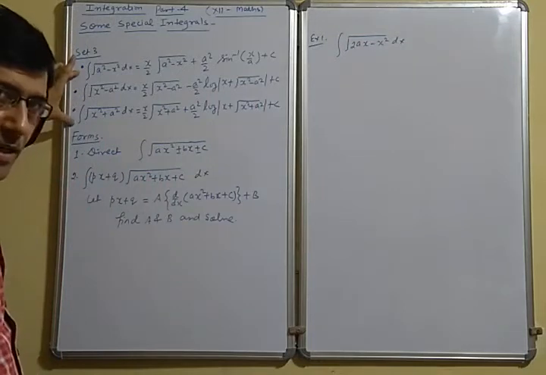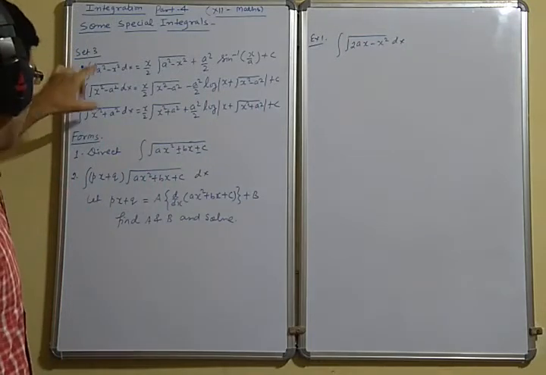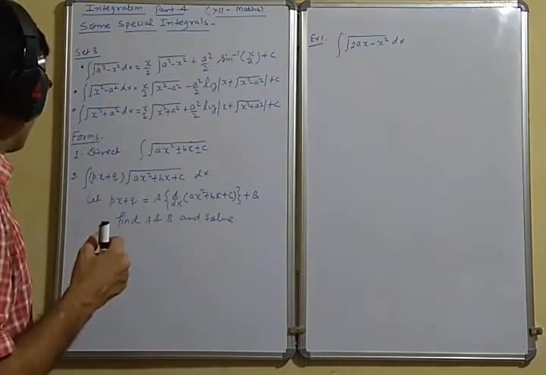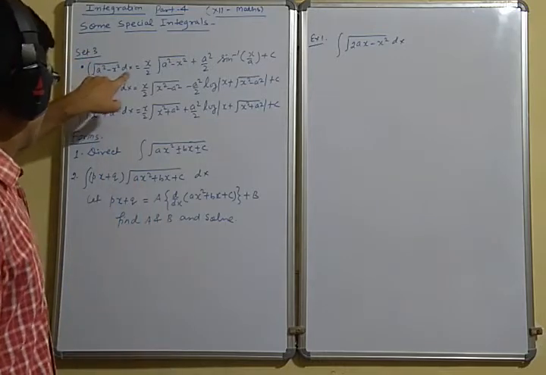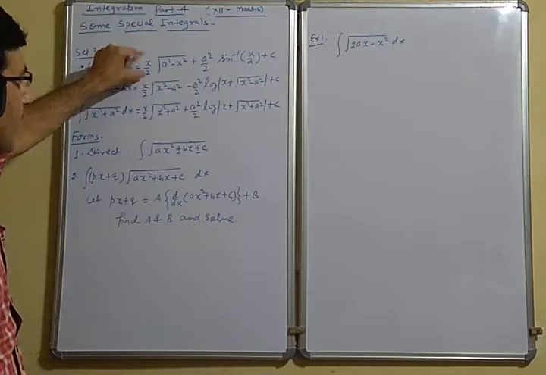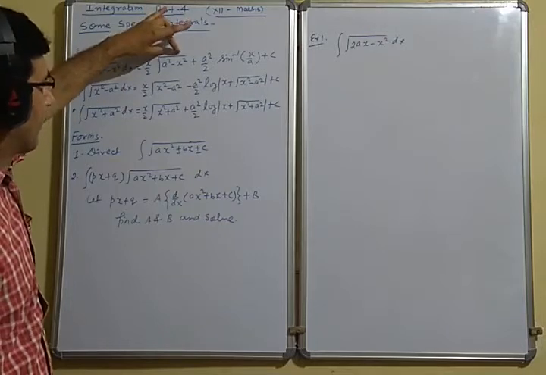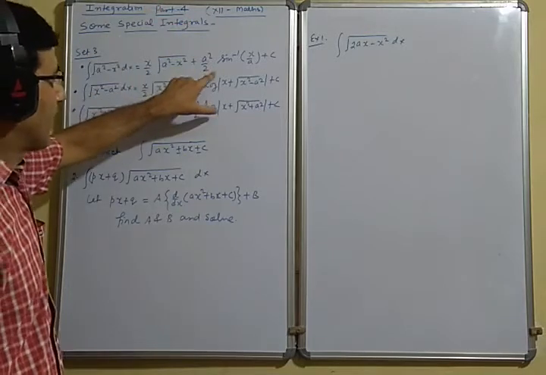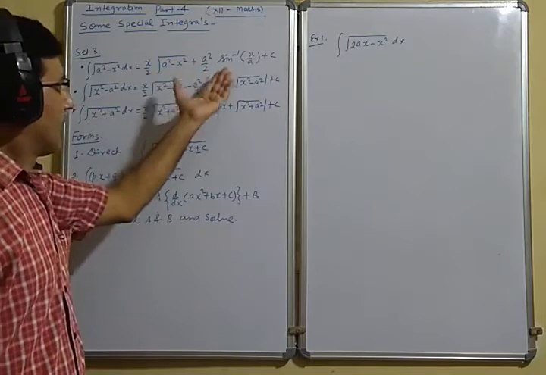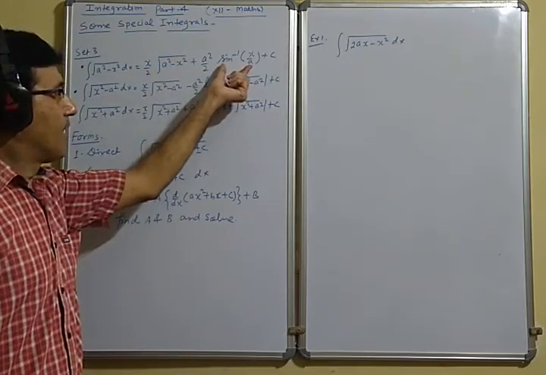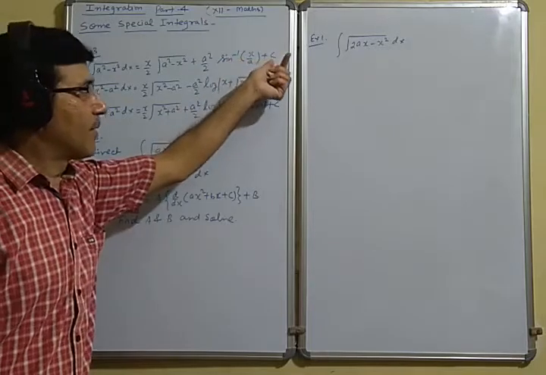We have three sets of formula. The integral of under root a square minus x square dx is x by 2 under root a square minus x square plus a square by 2 sin inverse x by a plus c.